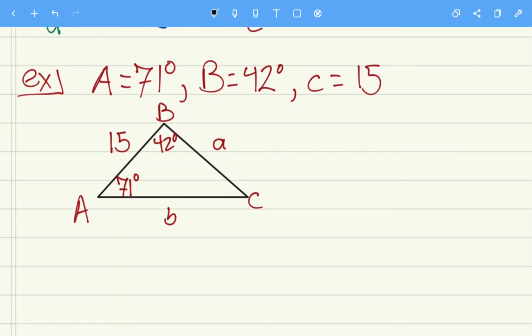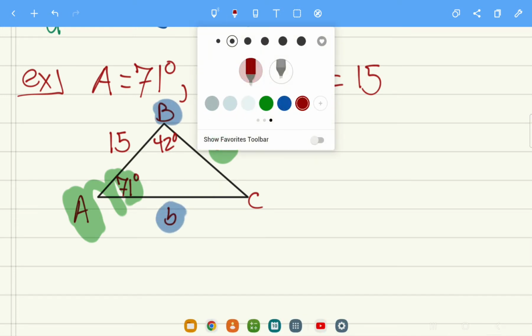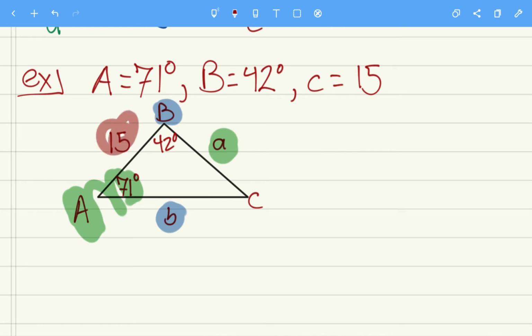We are given that angle A is 71 degrees, angle B is 42, and side C is 15. So I see that angle A is here, and side A is here. Angle B is here and side B is here. And angle C is here and side C is here.